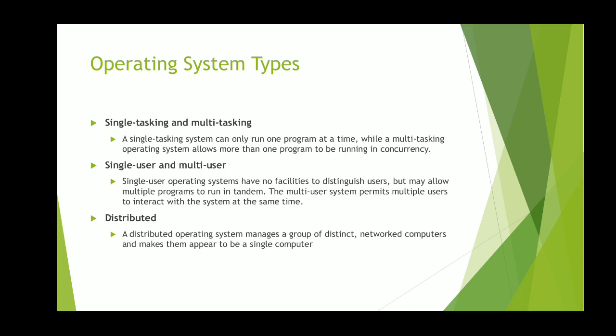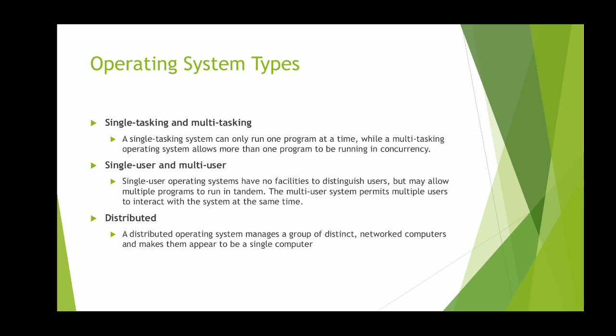If there are multiple cores present in the CPU, then the operating system can allocate different cores to different processes. If only one core is present in the CPU, then the operating system can allocate different time slices of the CPU to different processes.